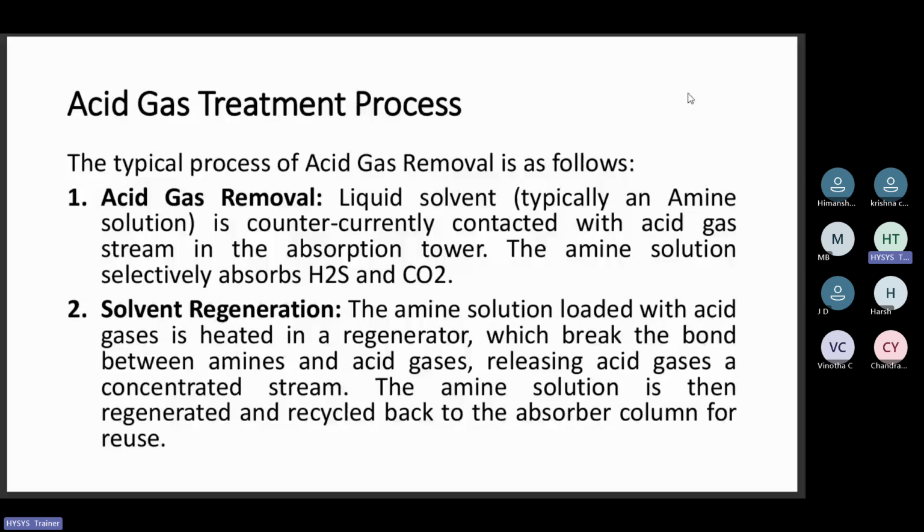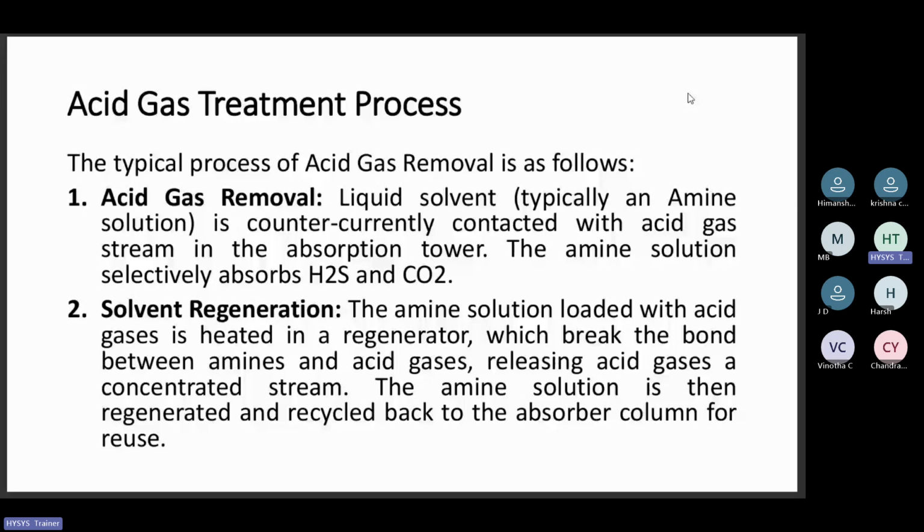In this process, a liquid solvent, which is typically an amine solution, is counter-currently contacted with an acid gas stream. That means natural gas containing acid gases streams into an absorption tower. The amine solution selectively absorbs H2S and CO2 from the stream. It takes out these two gases and passes the natural gas stream without these gases on for further processing.